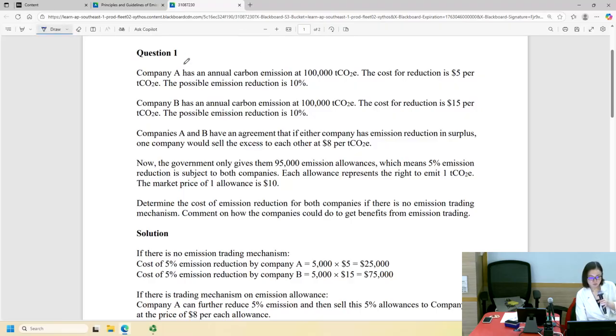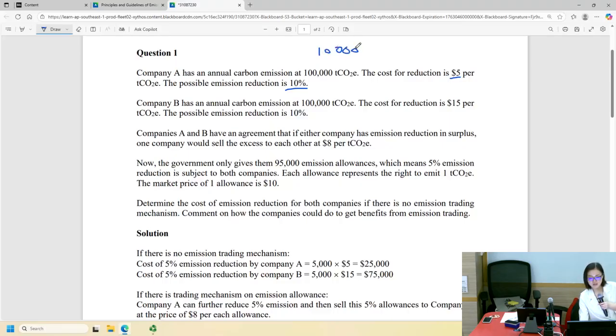Okay, question number 1. Company A has an annual carbon emissions of 100,000 tons of carbon dioxide equivalent. The cost of reductions is $5 per ton, and the possible emissions reduction is 10%. So it means that for this company, they can only reduce 10,000 tons.